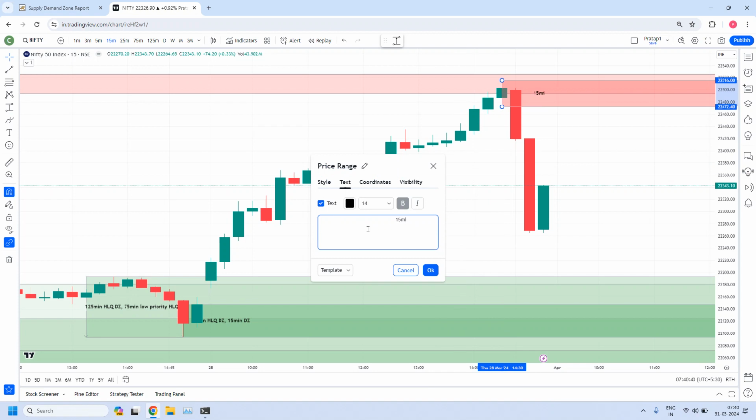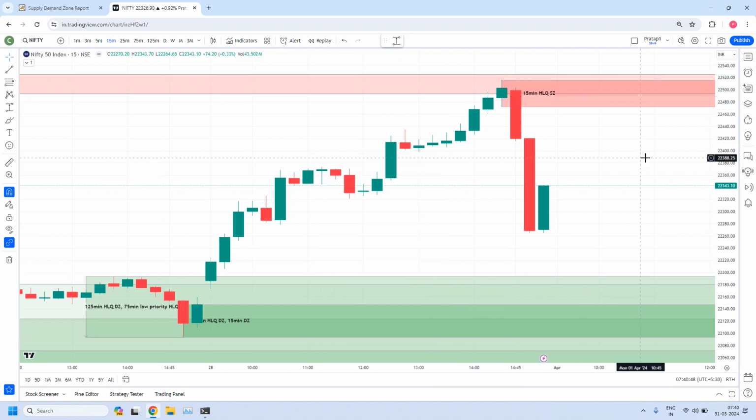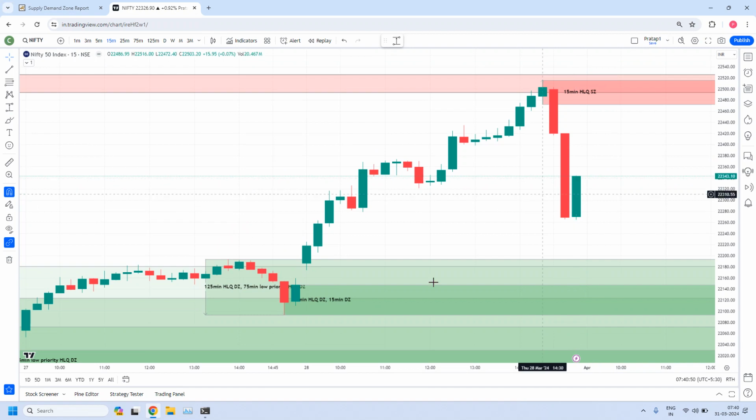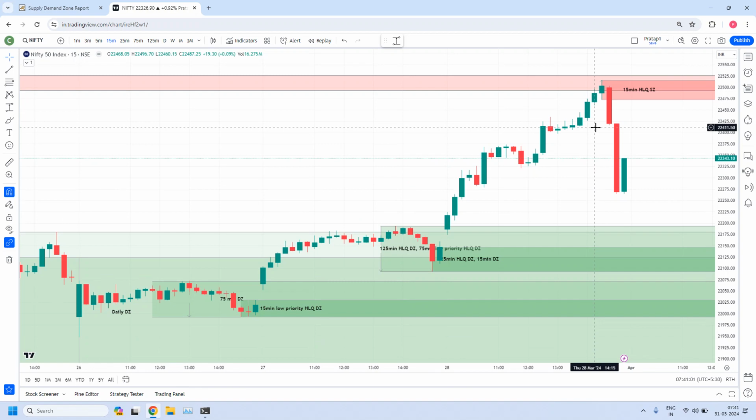High liquidity supply zone. Okay, fine. So this is the level we identified now. Definitely there is a strong order flow, because see the push on Friday. So a lot of order flow is there inside this.